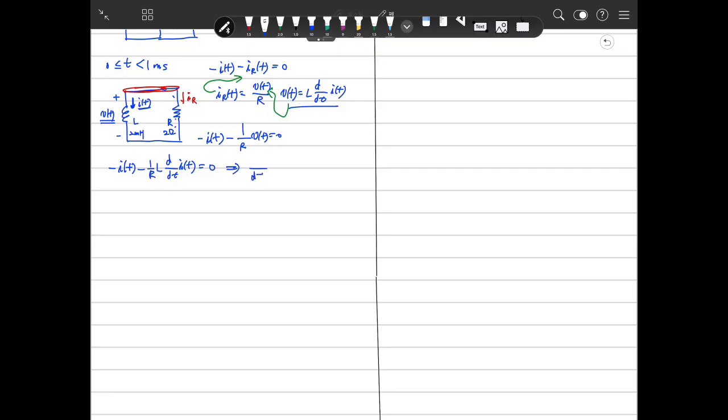Based on here, we can rewrite the equation as d/dt iL(t) plus R over L, R over L times iL(t) equals 0.